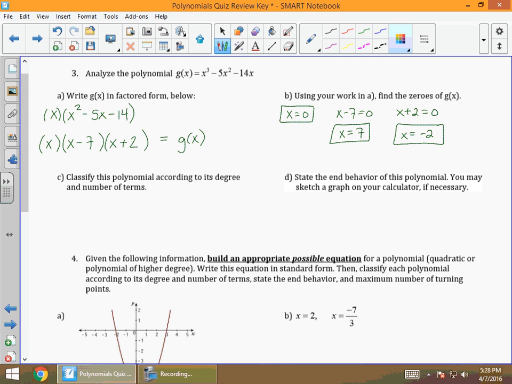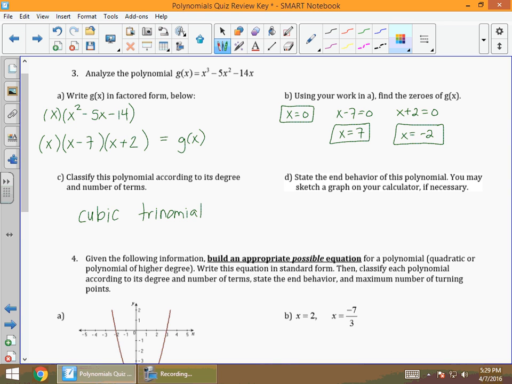Part C says classify this polynomial according to its degree. So let's do the degree first. It is degree 3, so we call that cubic, C-U-B-I-C, cubic. And there are 3 terms, so again, it is a trinomial. So that is a cubic trinomial.